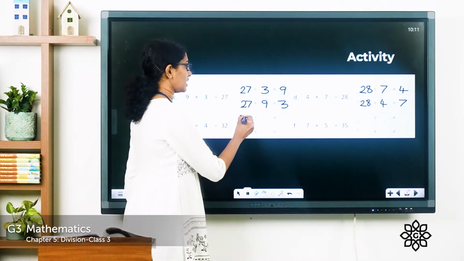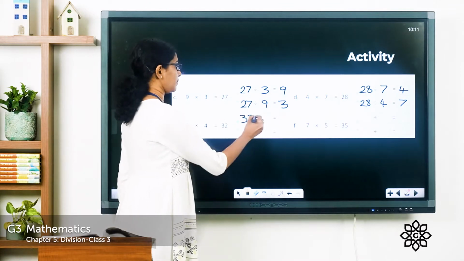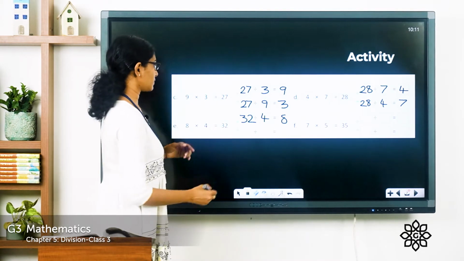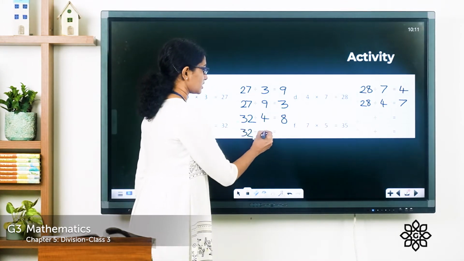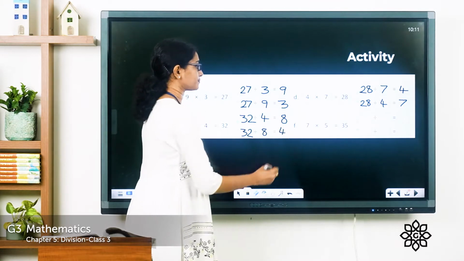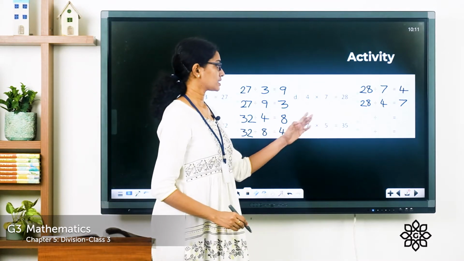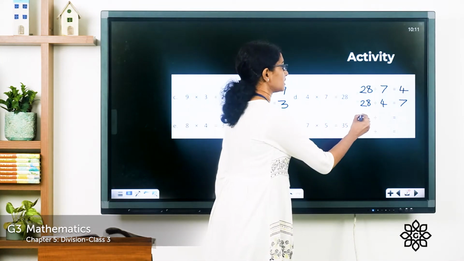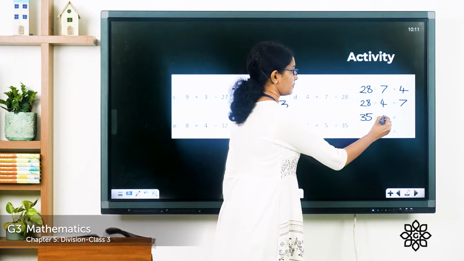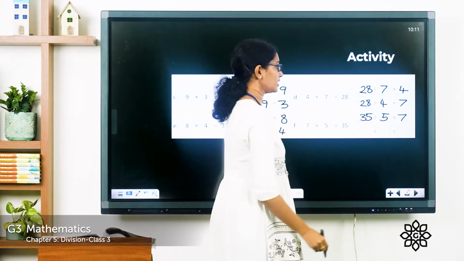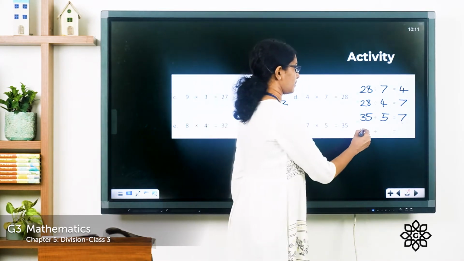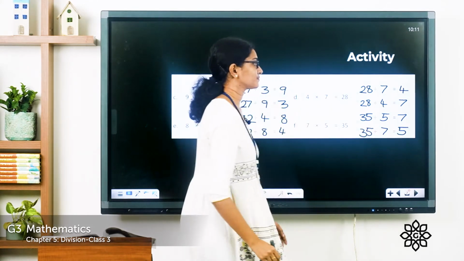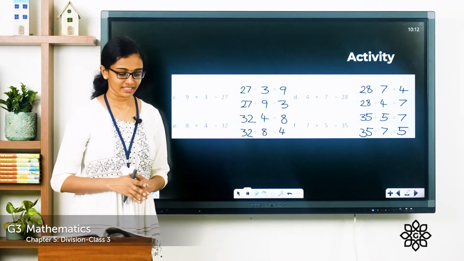So the division facts are 32 divided by 4 is equal to 8, and 32 divided by 8 is equal to 4. Question F: 7 into 5 is equal to 35. Then the division facts are 35 divided by 5 is equal to 7, and 35 divided by 7 is equal to 5. Hope all the answers are correct.